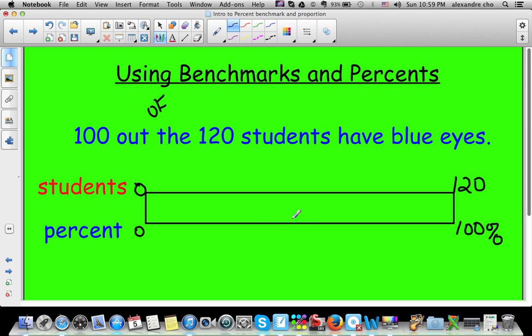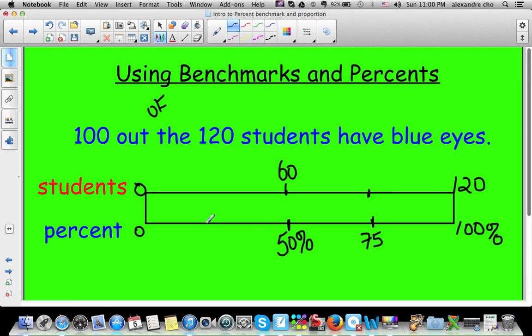Alright, so I would start with the same thing here. That's 50%. 50% means half. Half of 120 is 60. I don't need to work with the smaller percentage, but I have to figure out the higher percentage. Well, 50 to 100, the halfway mark going up would be 75%.